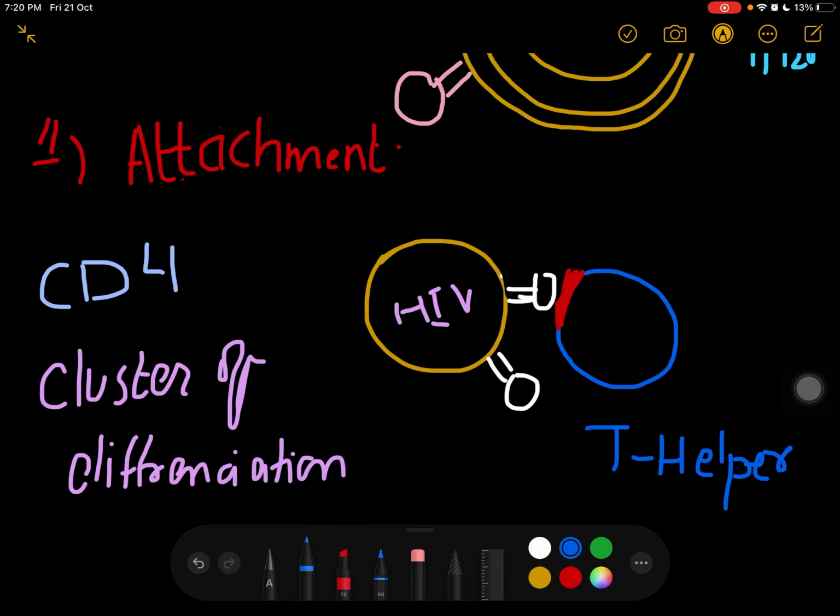Now this GP120 will identify the CD4, and then it will get attached to this T helper.